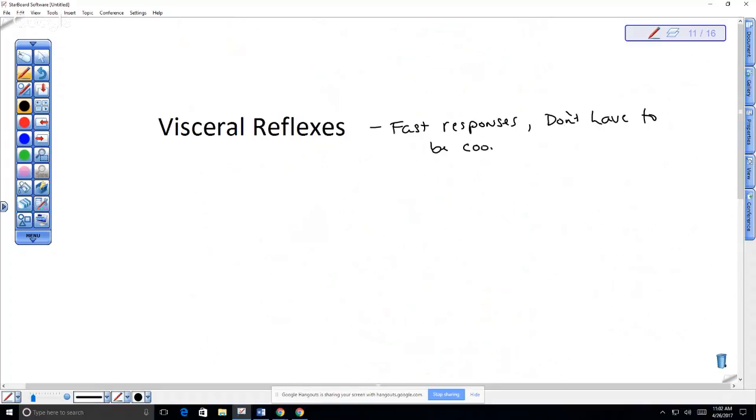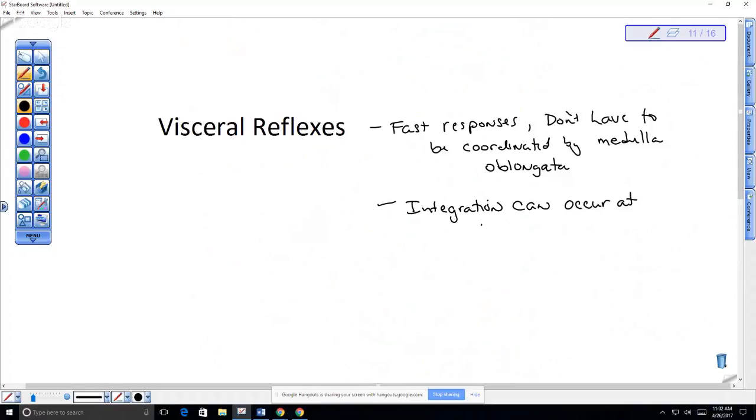Remember, the medulla oblongata is our autonomic reflex center, right? But some reflexes are just integrated by the spinal cord. So integration from the stimuli to the response can occur at the spinal cord.